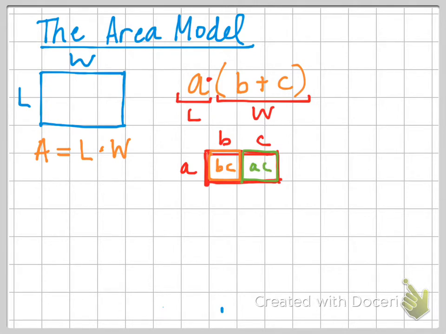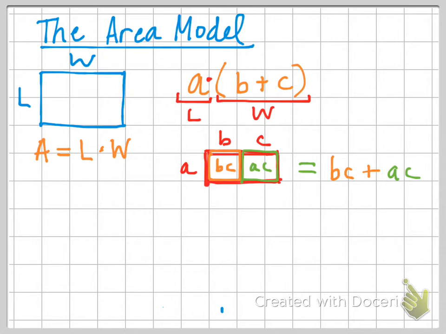So what this means is that the total area is the sum of those two smaller areas. So it would be BC plus AC. And if we think about the distributive property, that is confirming the distributive property.